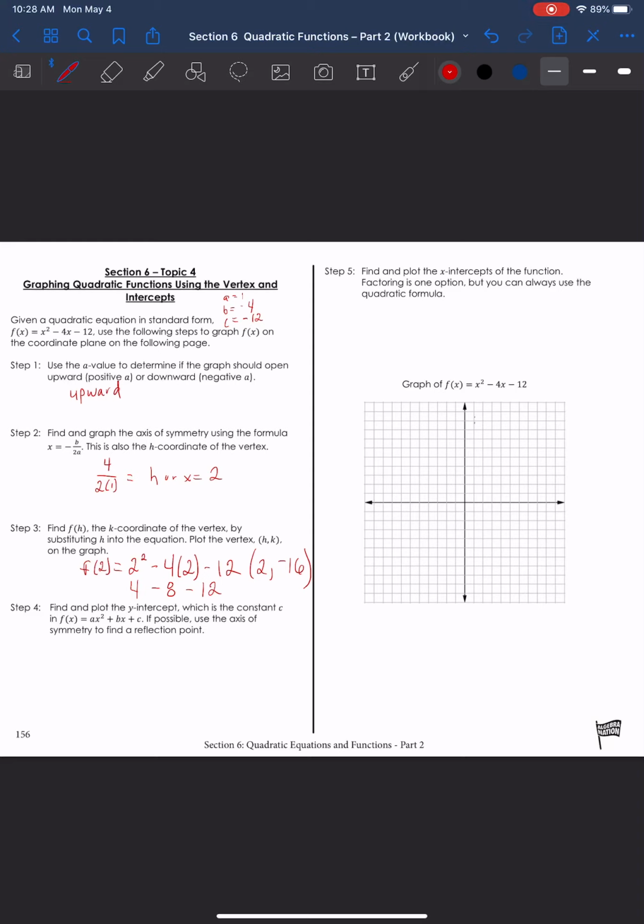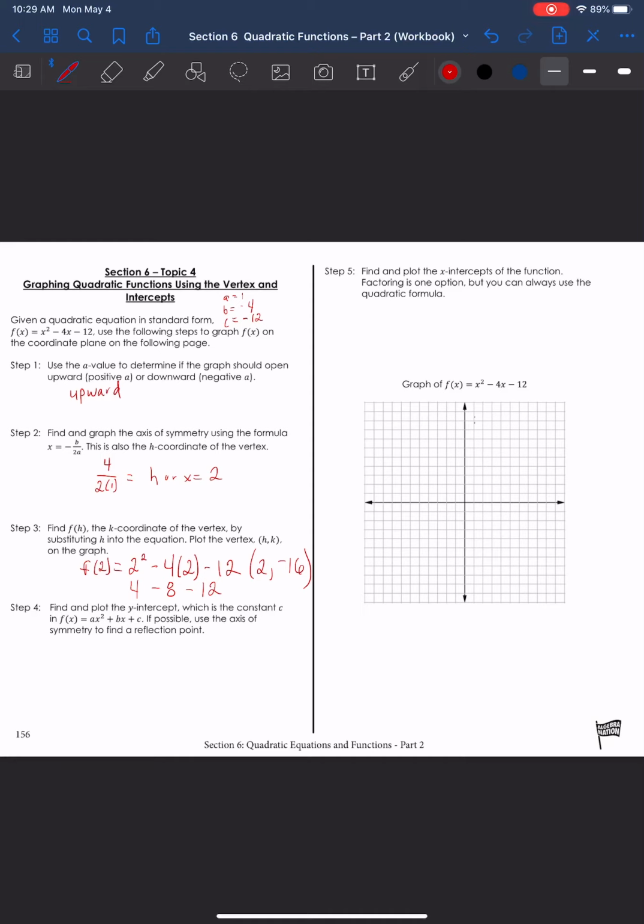Alright, now if we want to find the y-intercept, it is found when our graph is at a value of x equals 0. So that's what we're going to do here, is find out when this graph is going to cross the y-axis.